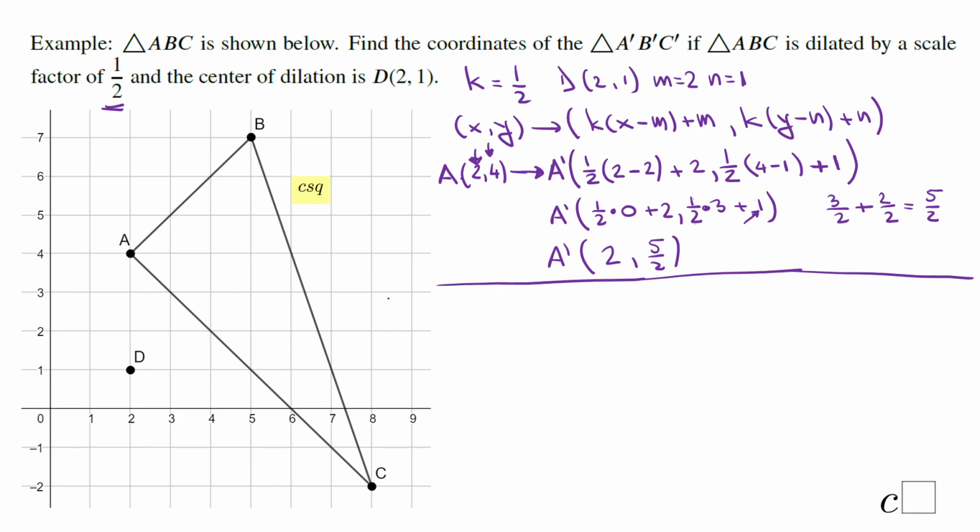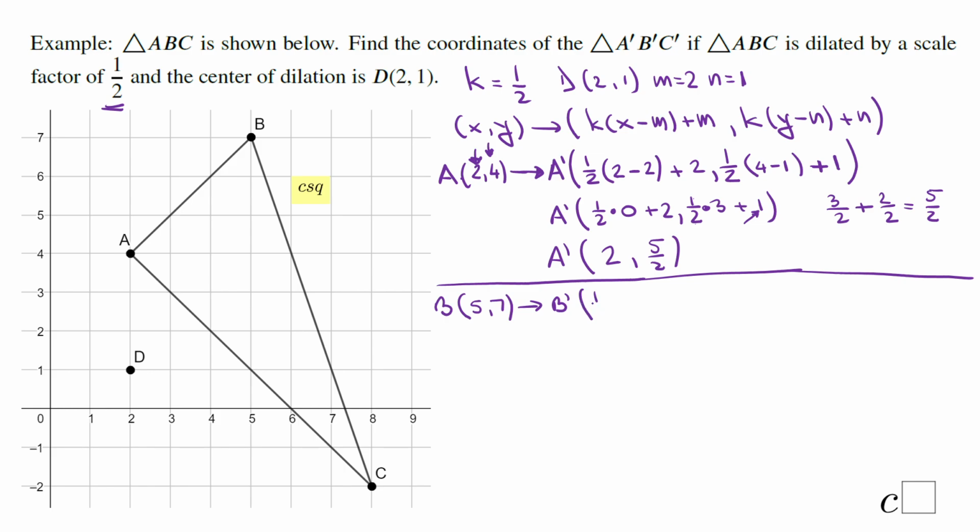Let's move to point B, where we're gonna do similar math. The only difference, point B has different coordinates. We have 5 and 7. The formula is the same, so B prime becomes what?